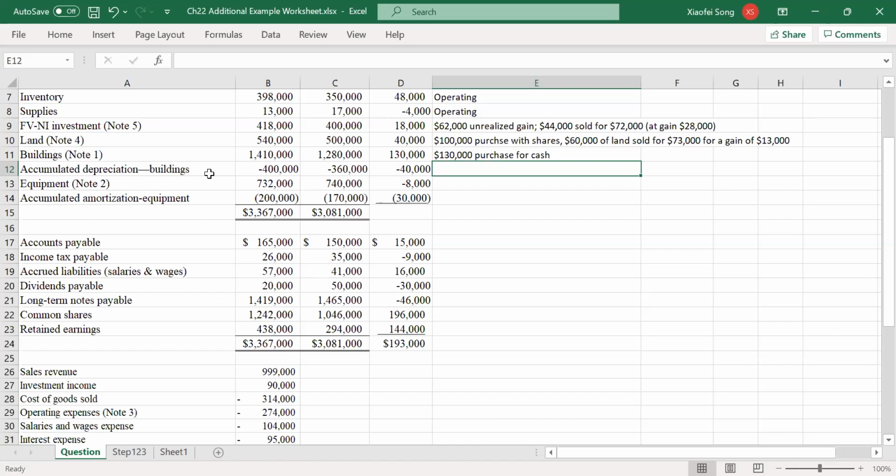So the change in cumulative depreciation would be the combined result of two things, depreciation and the cumulative depreciation of the sold building removed. But this one is not the case. So it's just a 40,000 depreciation on building. Okay, and so that's that.